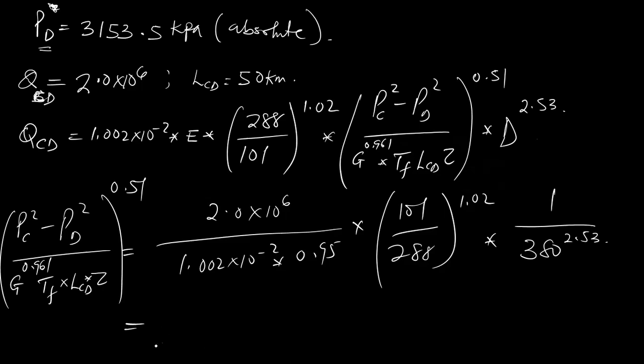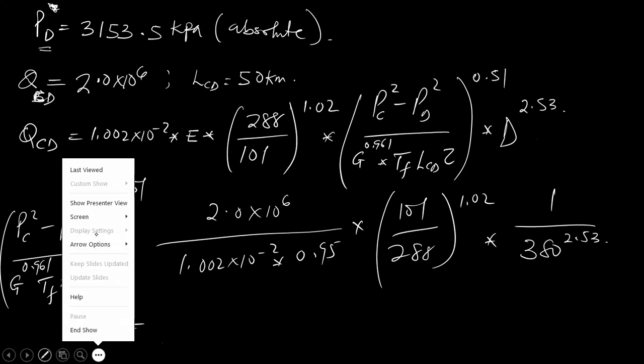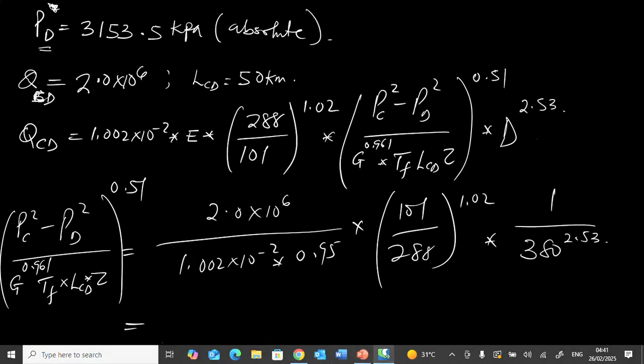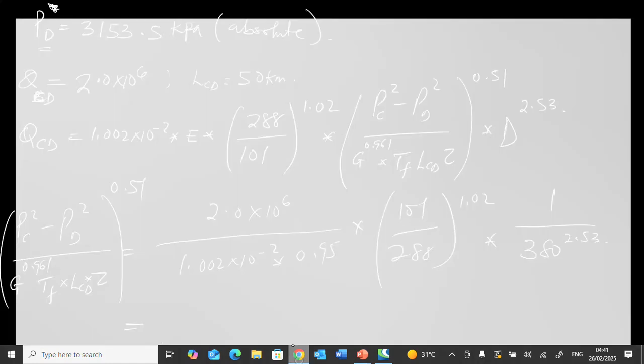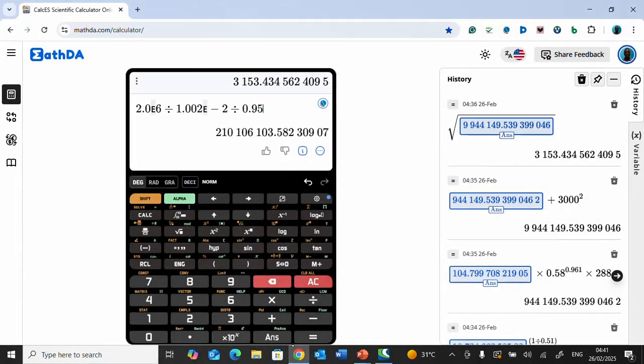Now I will say times bracket open 101 divided by 288 bracket close raised to power 1.02. Now times 1 divided by 380.